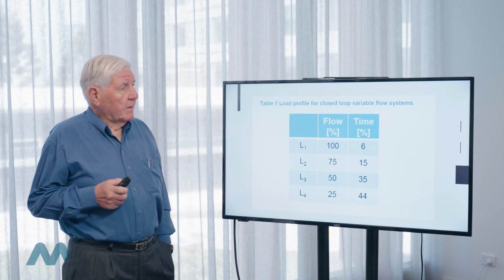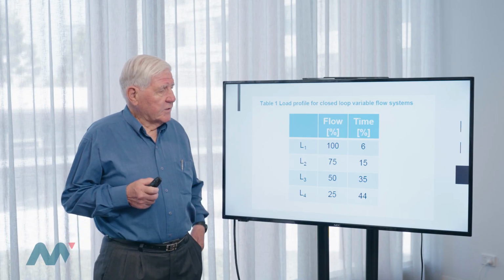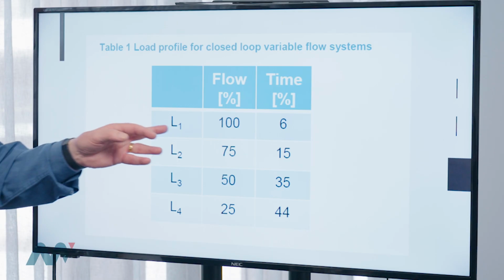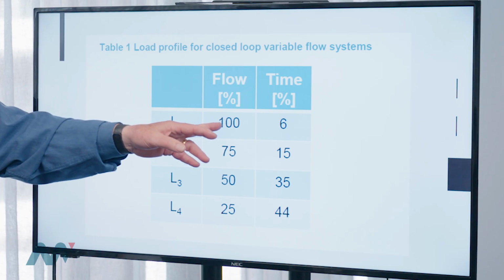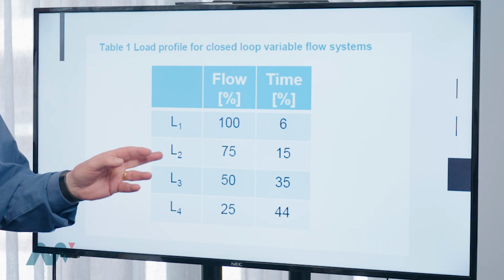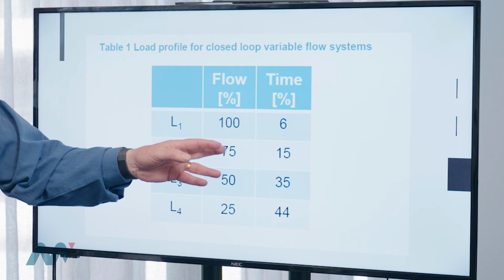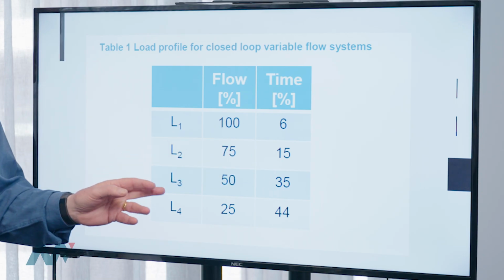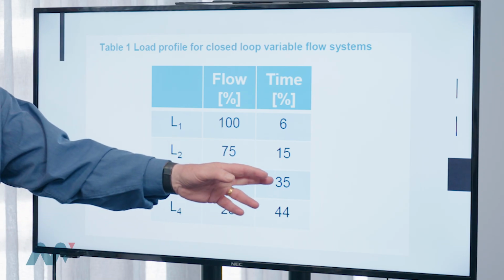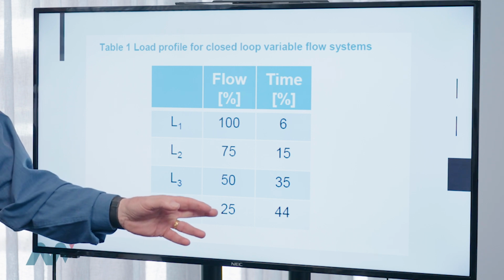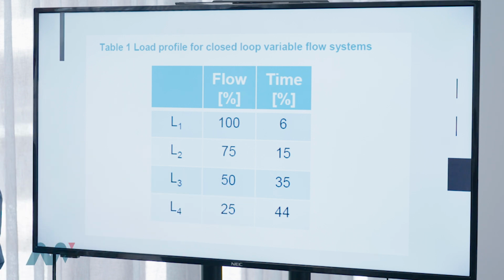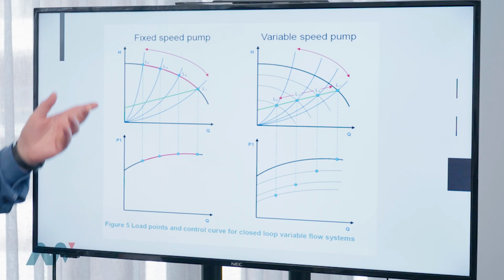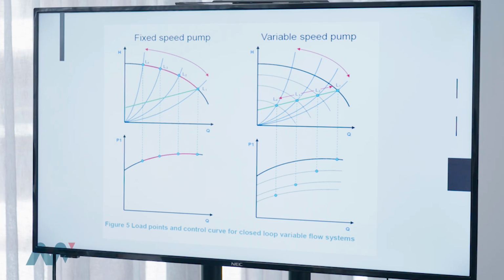This is just a very simple load profile for a closed loop system, and it tells us that it operates at 100% flow rate only 6% of the time, 75% flow rate 15% of the time, 50% flow rate 35% of the time, 25% flow rate 44% of the time. And that shows you the various operating points. Now, if we do that with a fixed speed motor, we can only get those operating points by throttling.